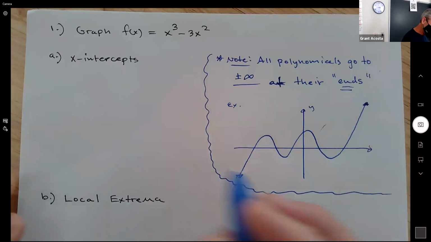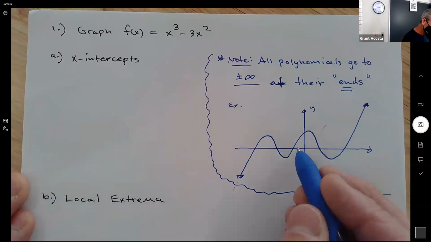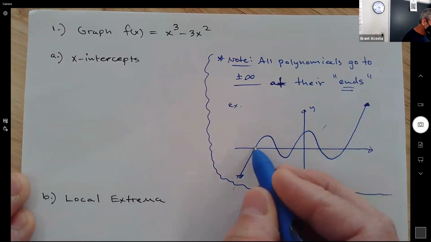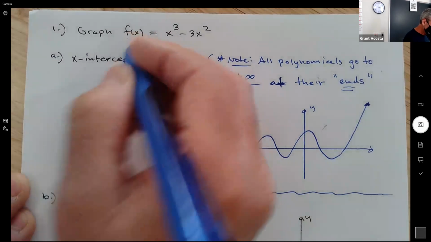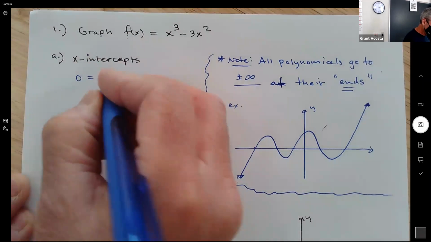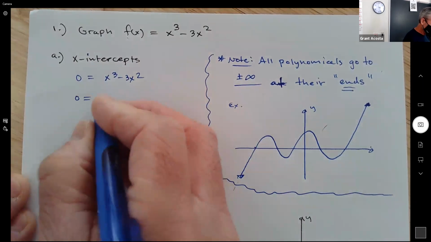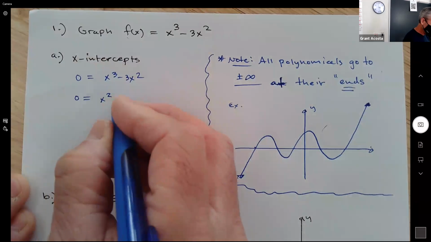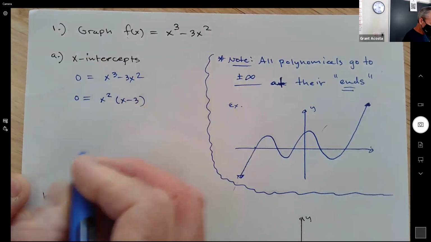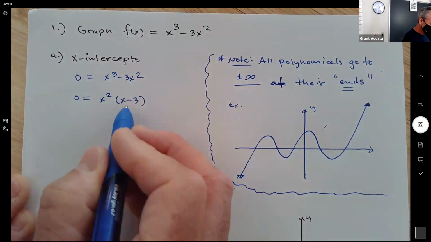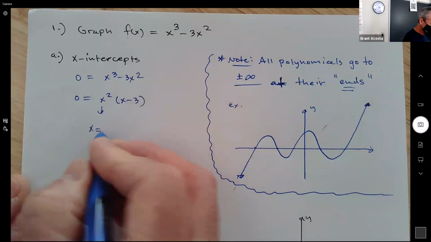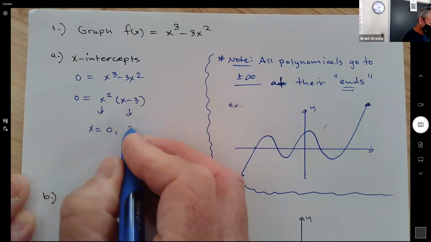Now, if I was going to graph it, easy points to add to your graph are x-intercepts. When your graph crosses the x-axis, y is equal to 0. So we can just set f of x equal to 0. Do some factoring. I can pull out an x squared. If 0 equals x squared times x minus 3, then I have two x-intercepts, one at 0, one at 3.